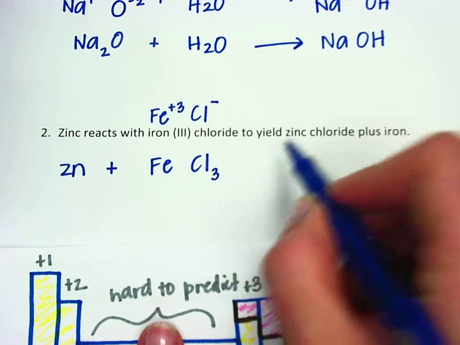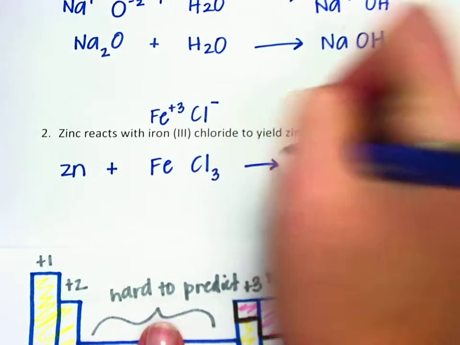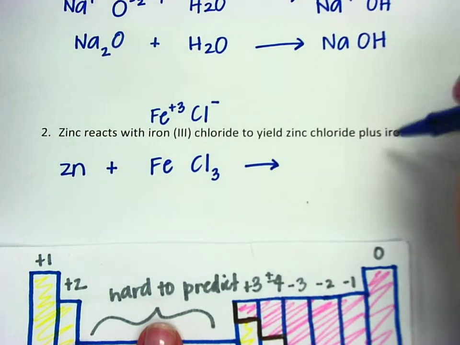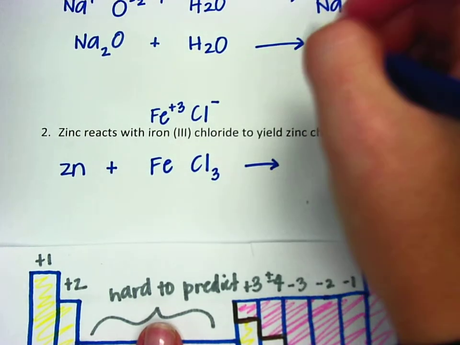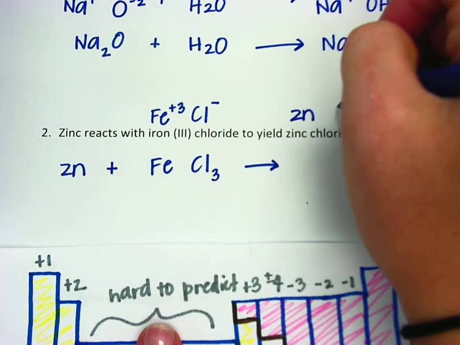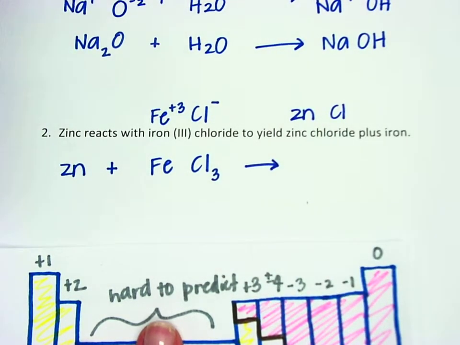Now I'm going to yield. So that means I'm going to make or produce. And zinc chloride plus iron is what I have to figure out. So I will have zinc. I will have chlorine or chloride. Zinc is a transition metal, so I would have to give you the charge.